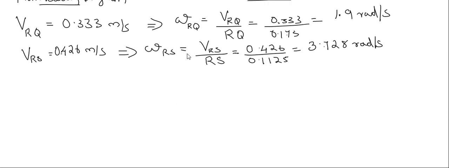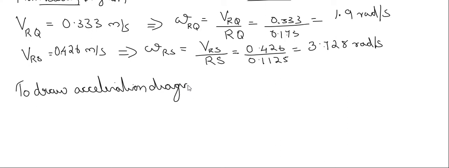So what is the need for finding this? Because we need radial components to draw acceleration diagram. To draw acceleration diagram, we need AR components of all the links. So we need a radial component of QP, that you can find out by the general equation.